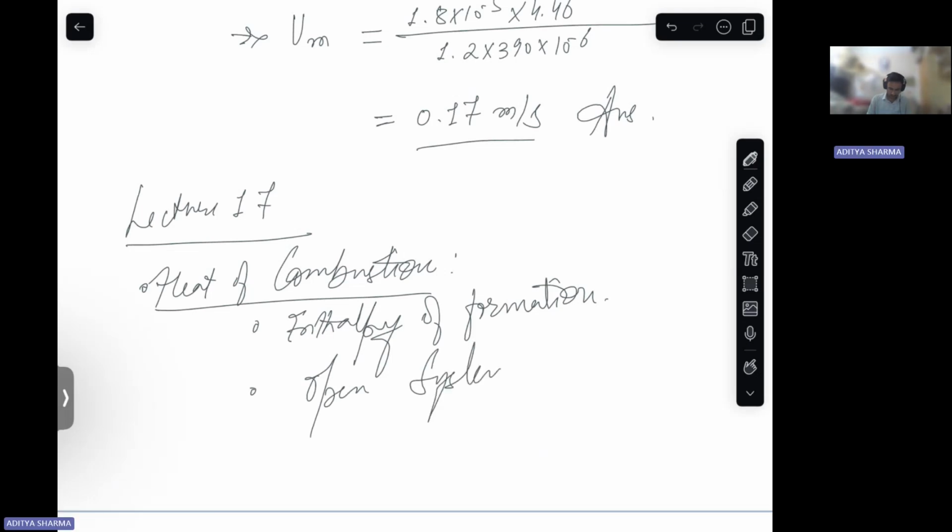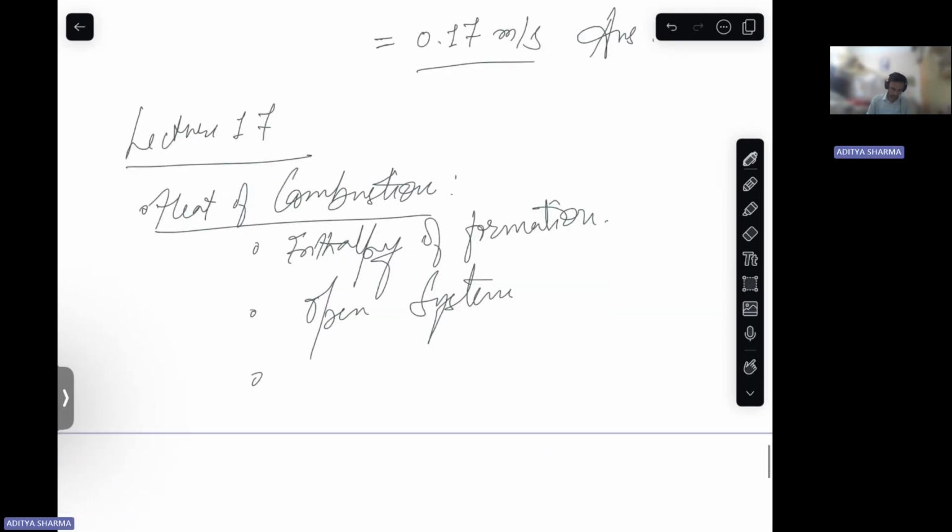I hope you are all well versed with what is an open system and a closed system. In an open system, mass can exchange across the boundaries, and in a closed system, mass cannot exchange, but energy can exchange. In your open system, both mass and energy can exchange, right?